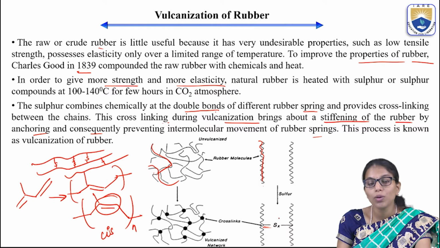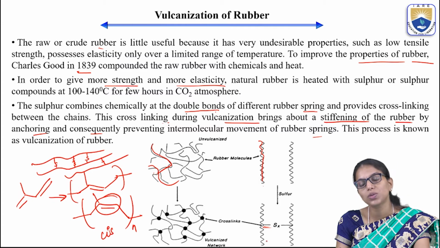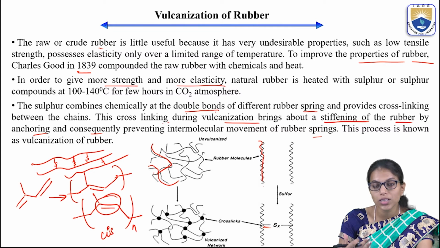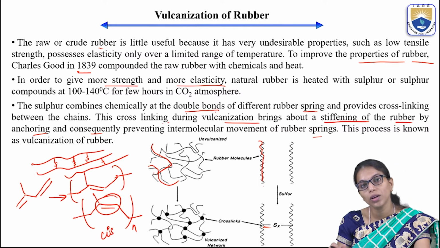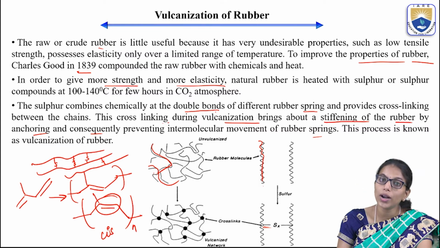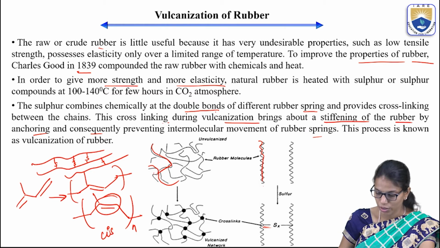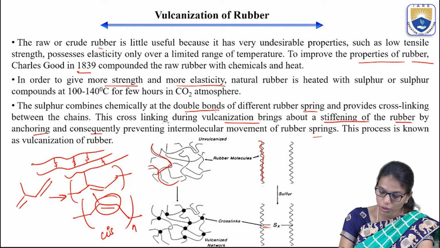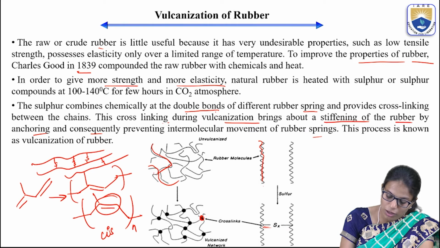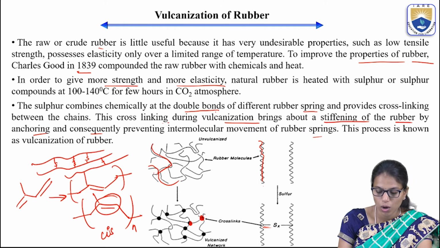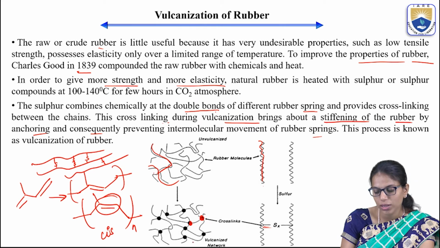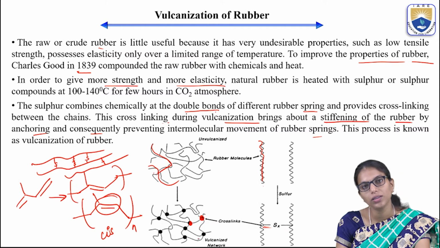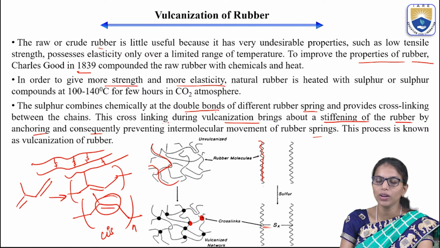On the basis of this bonding, the strength of the rubber increases, and we call it vulcanized rubber. In this picture, this is the sulfur atom or sulfur molecule, by which the cross-linking happens, and the strength of the vulcanized rubber increases.